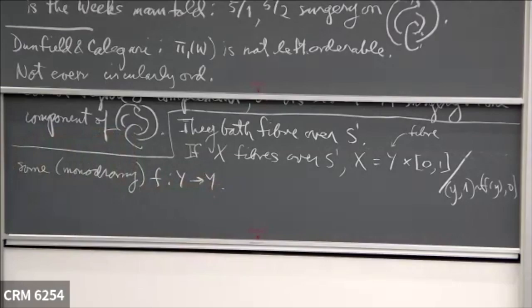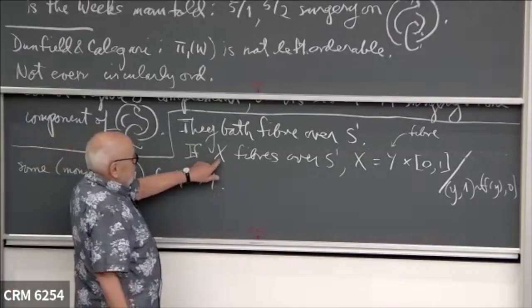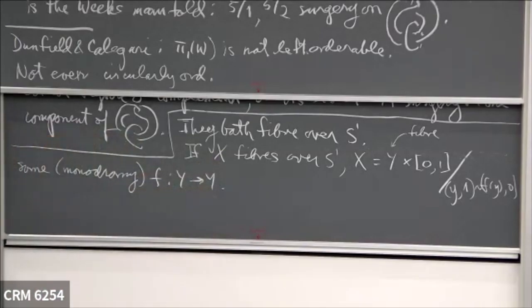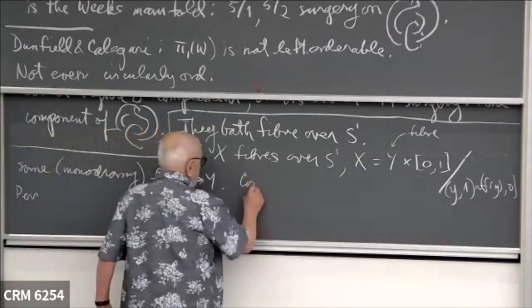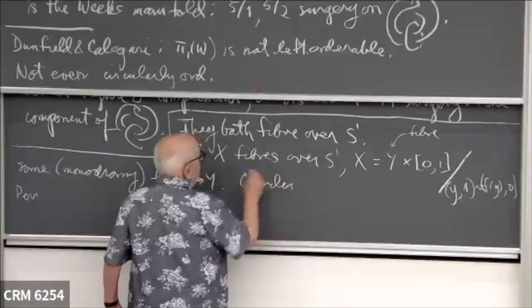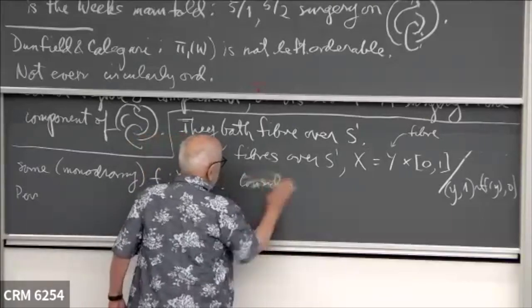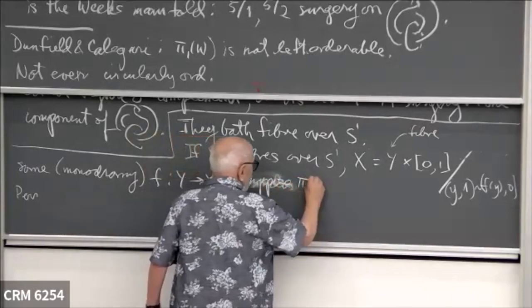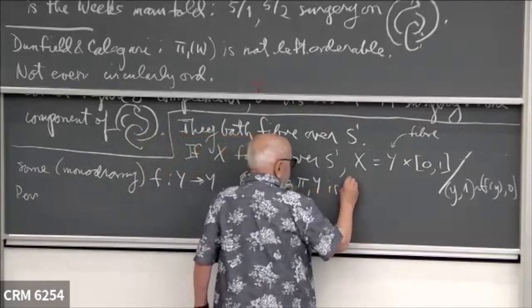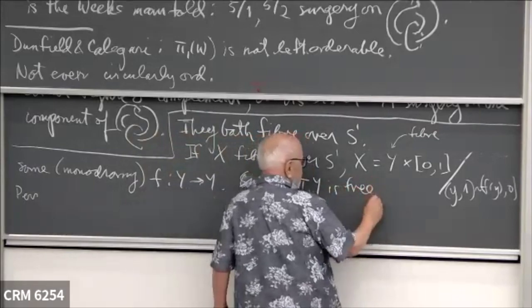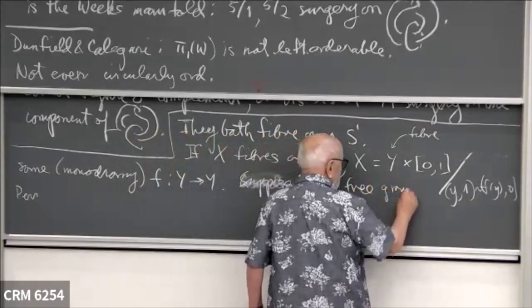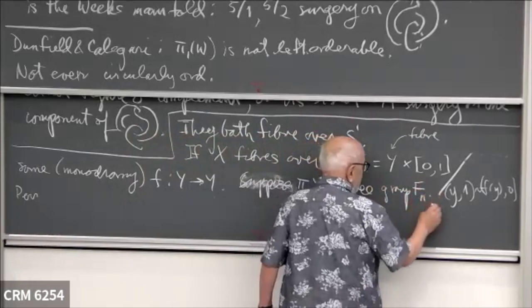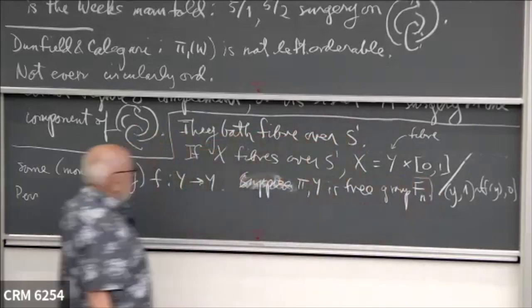Now, when is this going to be bi-orderable? Let's consider, suppose π1 Y is a free group of finite rank.